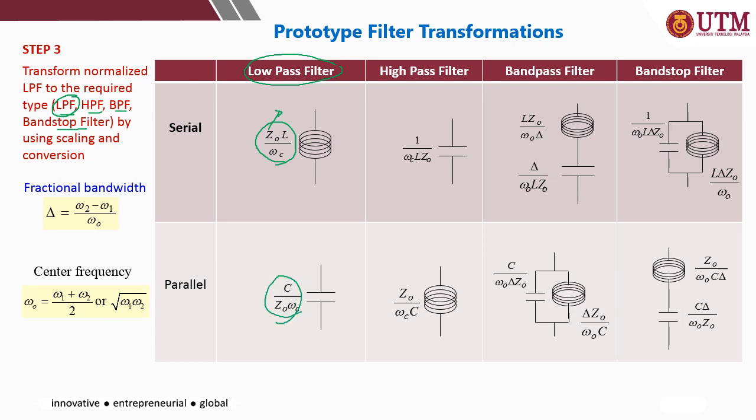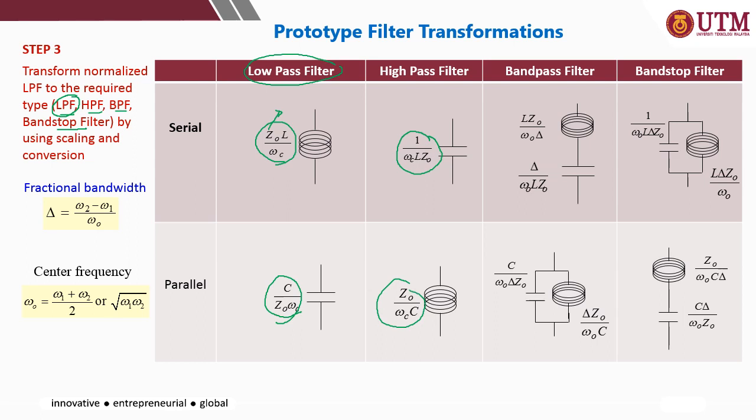If, for example, the system requires a high pass filter, then you need to transform the normalized circuit in step 2 to a high pass filter. The first component for the high pass filter is a serial capacitor, so you need to get the final value by using the following equation and so on.